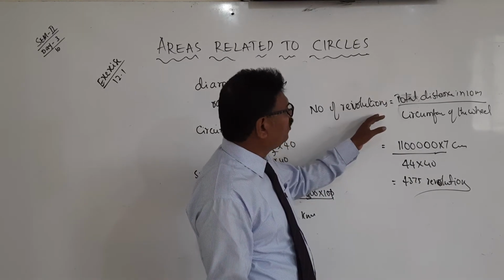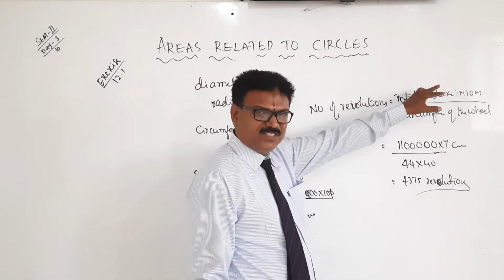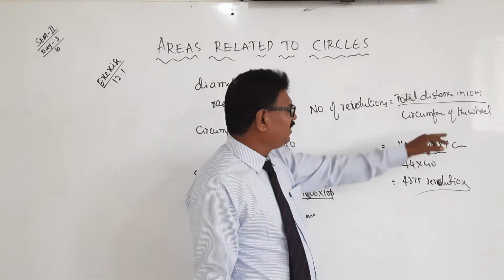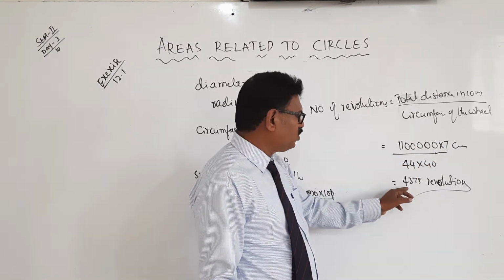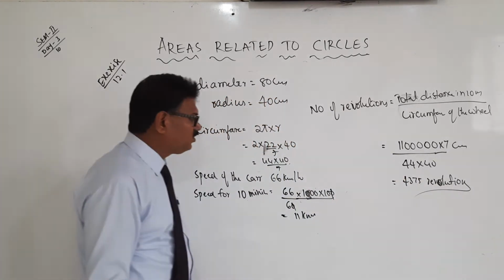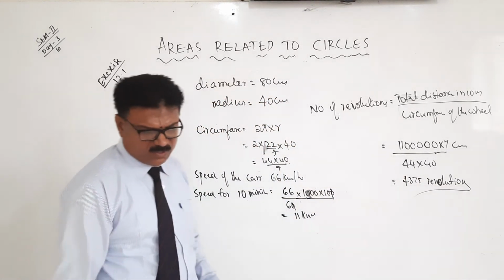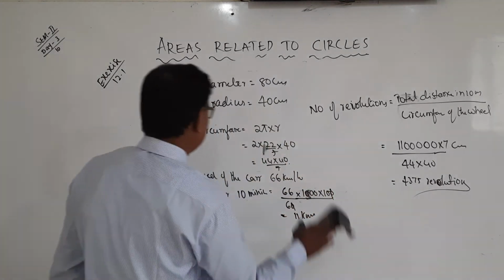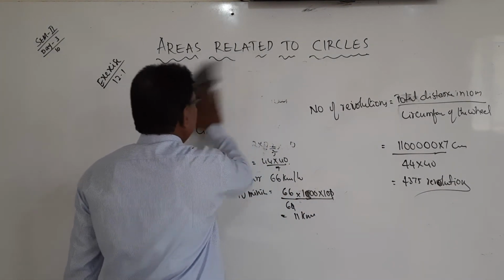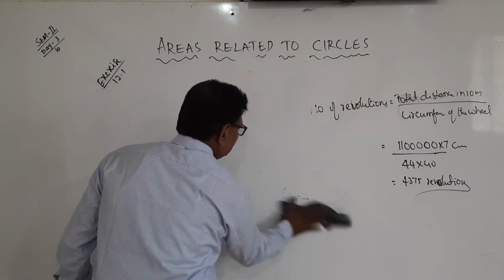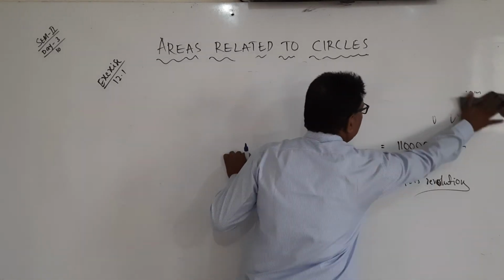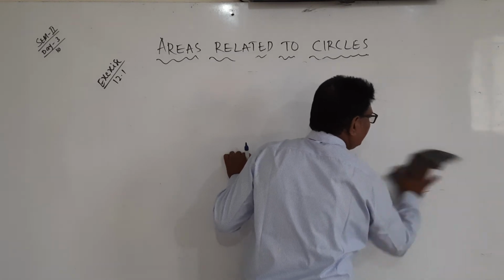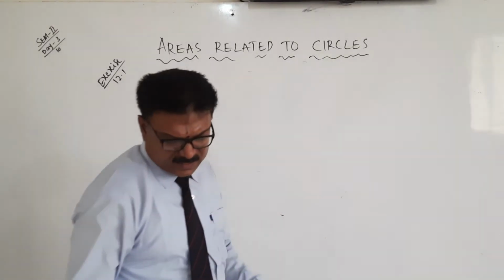Therefore, number of revolutions, total distance in 10 minutes divided by circumference of the wheel, is nothing but this divided by this. So you will get 4,375 revolutions. Okay? Right. Next. See calculations properly. If you know the tables, you can do it very fast. Okay? Right. Next problem.